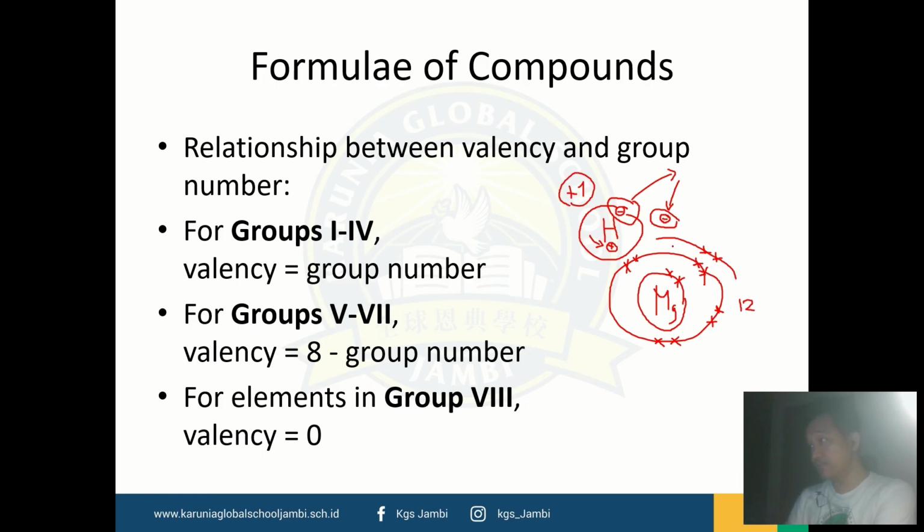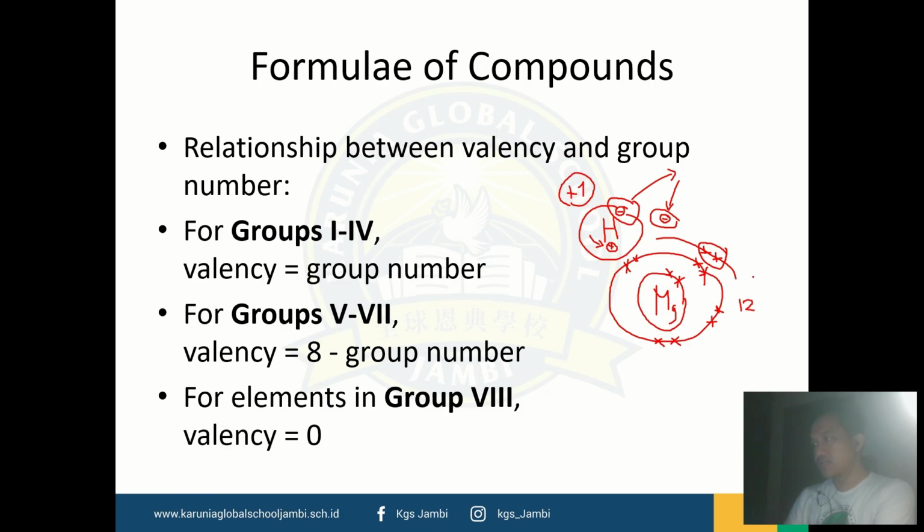What about magnesium? On the outer shell, magnesium has two electrons, so it can attract 6 electrons.